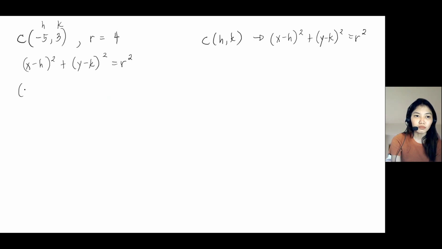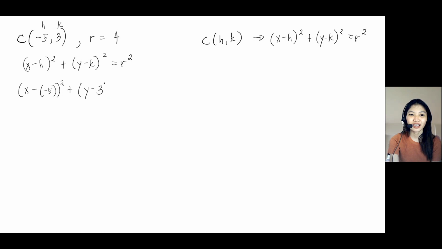Substitute: x minus the value of h, which is negative 5, squared, plus y minus the value of our k, which is 3, squared, is equal to the value of r, which is 4.